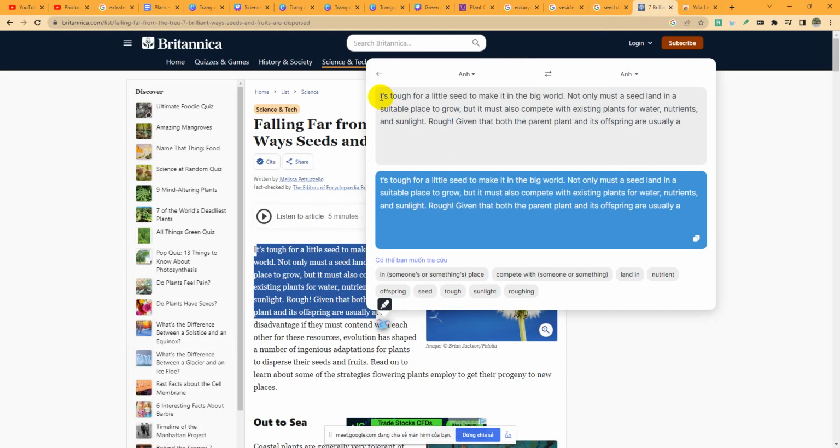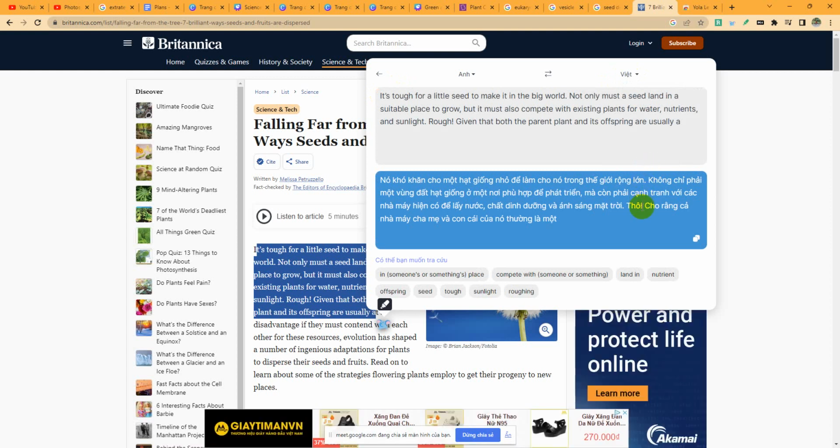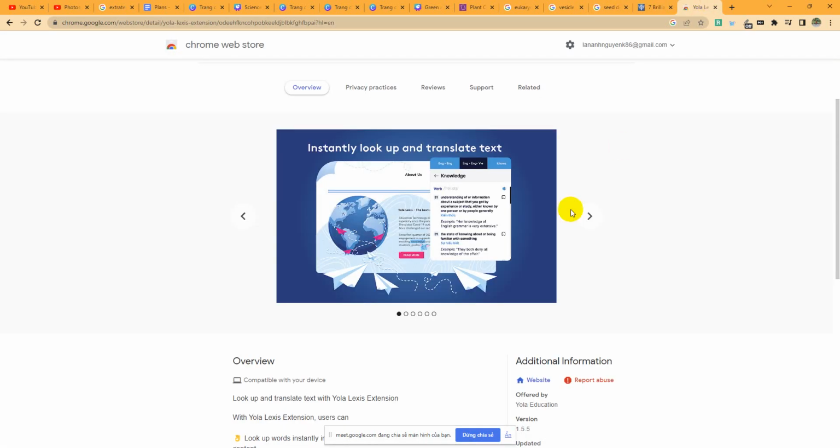So let's say, for example, I'm just gonna change it into Vietnamese. I think if this paragraph doesn't make sense to you, then translating into Vietnamese will save you a lot of time. You can actually understand it better. So here's the Vietnamese translation. So yeah, that's the app.